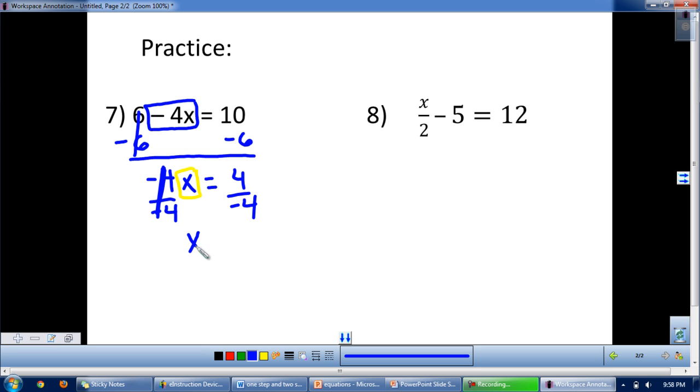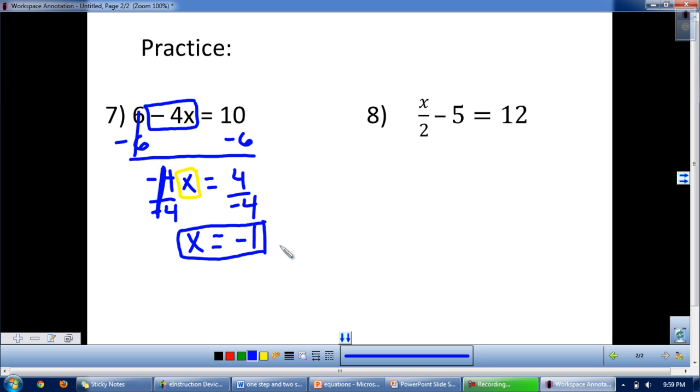Bringing down x, bringing down the equal sign, 4 divided by negative 4. If you remember the rules for integers, when you divide numbers of different signs, your result is going to be negative. Therefore, 4 divided by negative 4 is negative 1. So then our solution is x equal to negative 1.